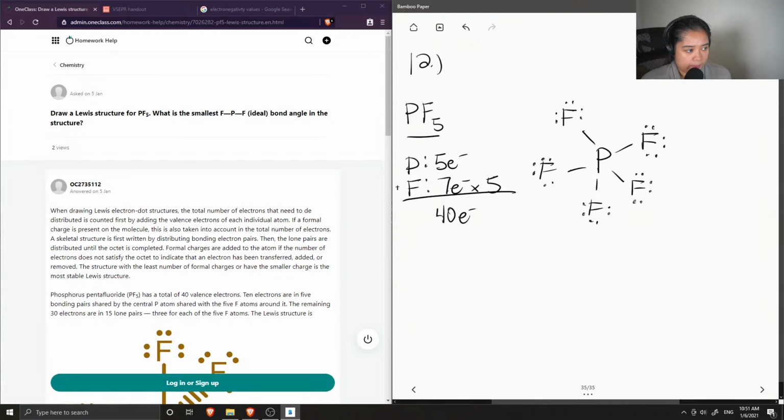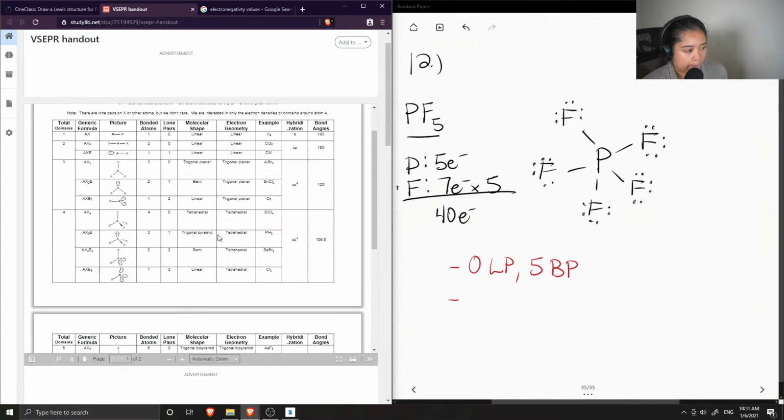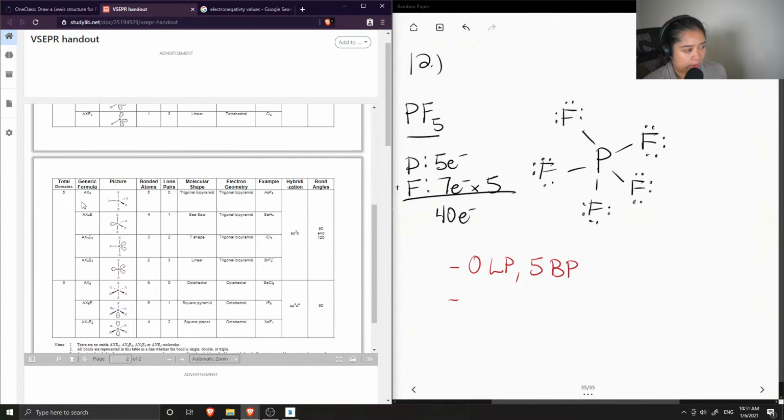So for the second part, what is the smallest bond angle? It helps if we find out its molecular and electron geometry. So our central atom, which is phosphorus, has 0 lone pairs and it has 5 bond pairs, which are all of the fluorine atoms. So if we look at a VSEPR table, there are 5 total domains, 5 bonded atoms, 0 lone pairs.